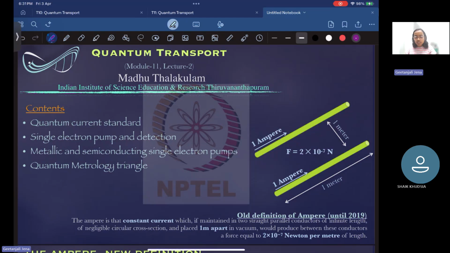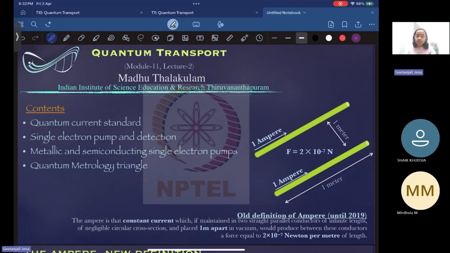For current standard, we will use the Coulomb blockade oscillation of the single electron transistor, so that we can measure the current by tracing whether we are able to see the charging and discharging event of the single electron transistor.